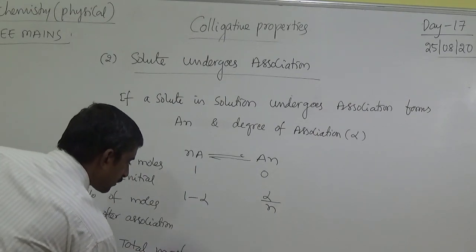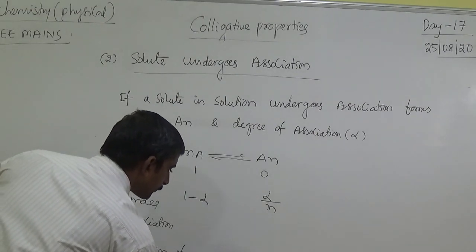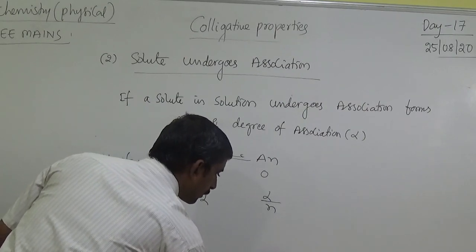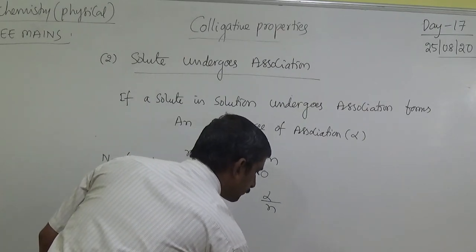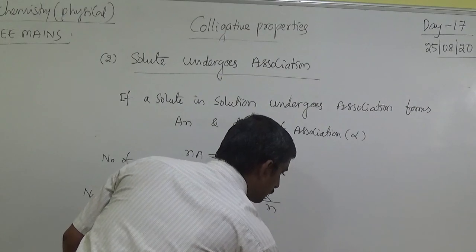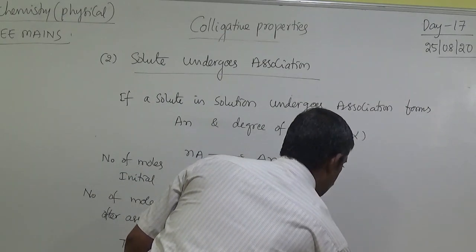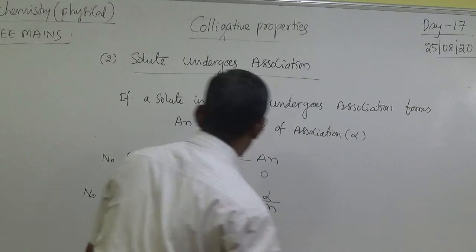Total number of particles after association equals 1 minus alpha plus alpha by n.